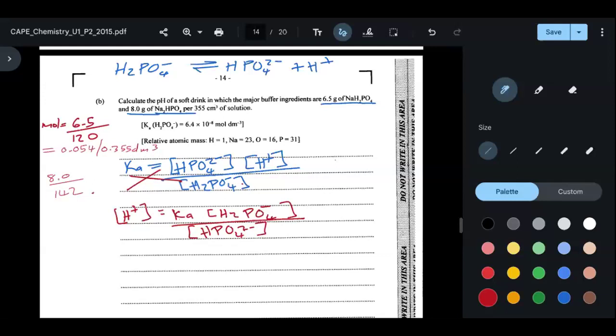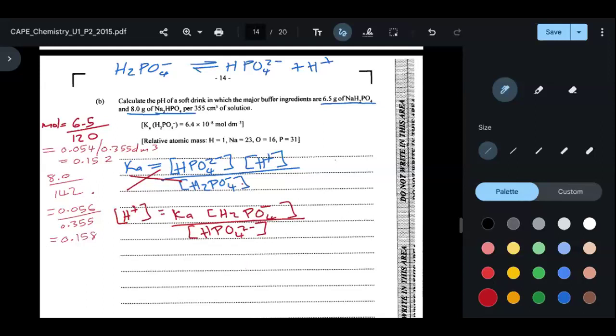So 0.054 divided by 0.355 gives 0.152, and 0.056 divided by 0.355 gives 0.158.